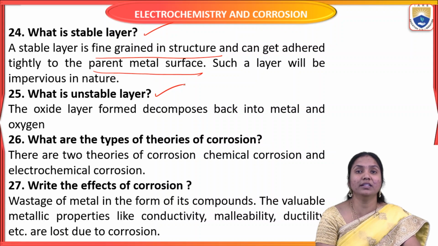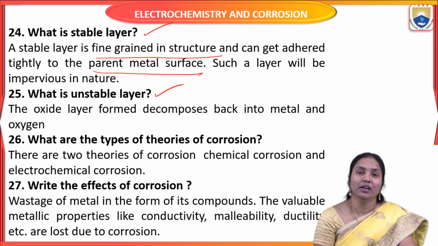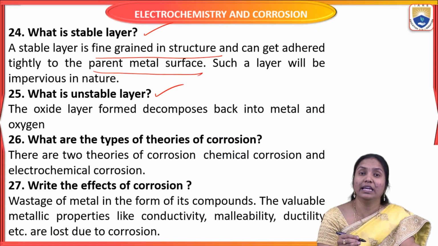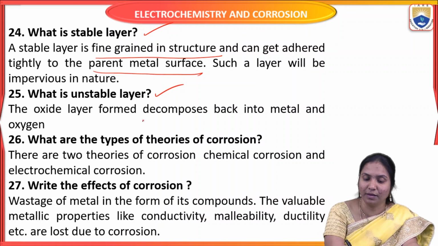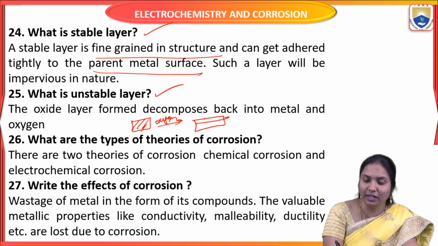Next, what is an unstable layer? If the metal oxide layer is unstable, it is easily decomposed back into metal and oxygen. For example, a metal interacts with atmospheric oxygen and forms a metal oxide layer, the MO layer.